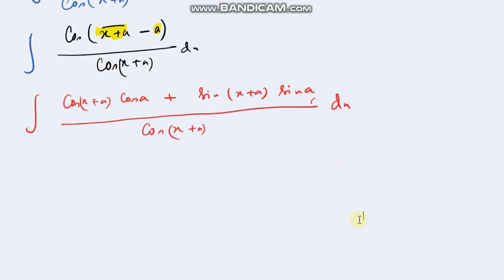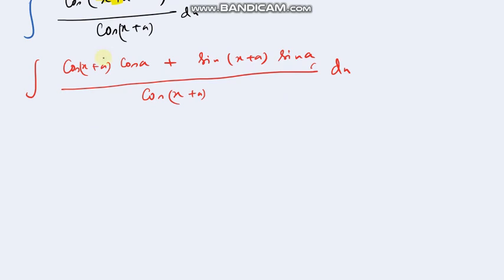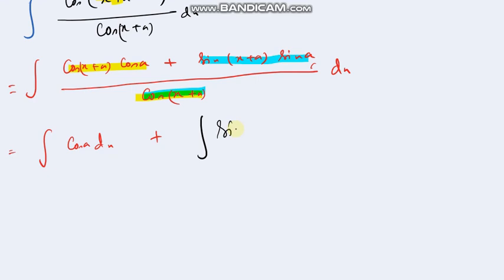Further, if I proceed, dividing this by this, cos of x plus a will cancel out, hence it will be only integration of cos a dx plus, and now proceeding for this divided by this, this sin a is my constant term. If I take out the sin a part separately, the sin of x plus a divided by cos of x plus a gives me tan of x plus a dx, right?